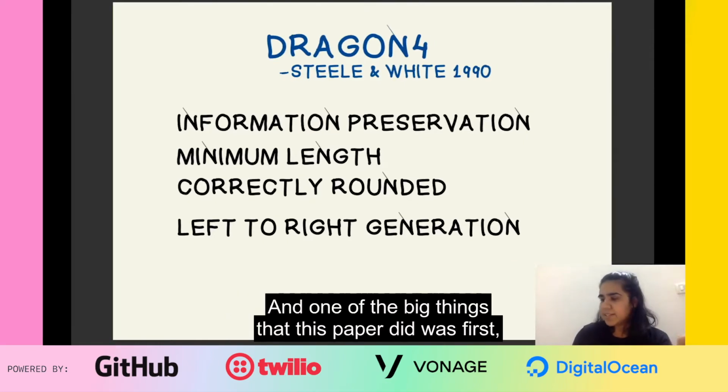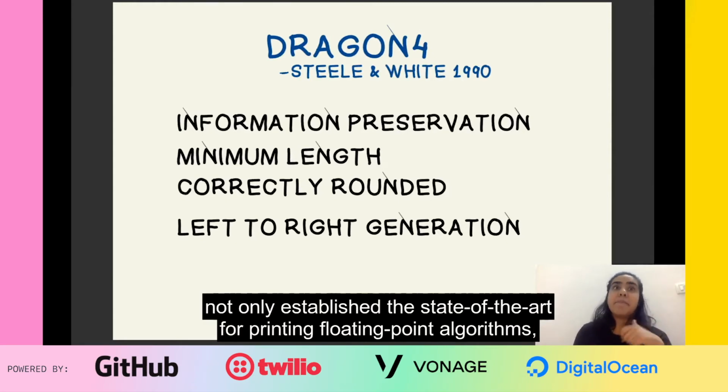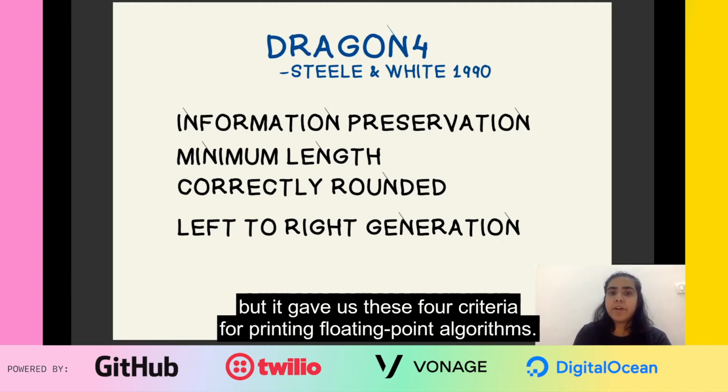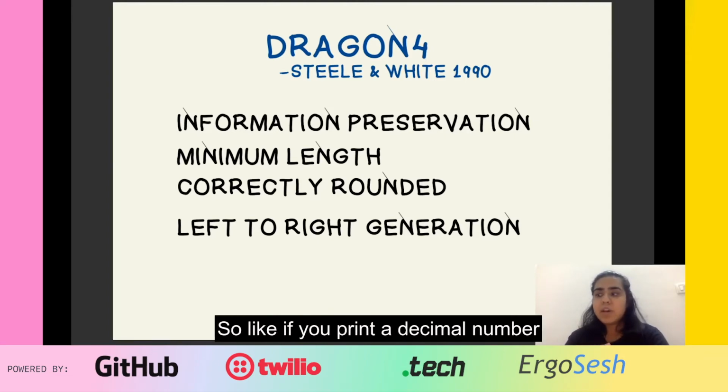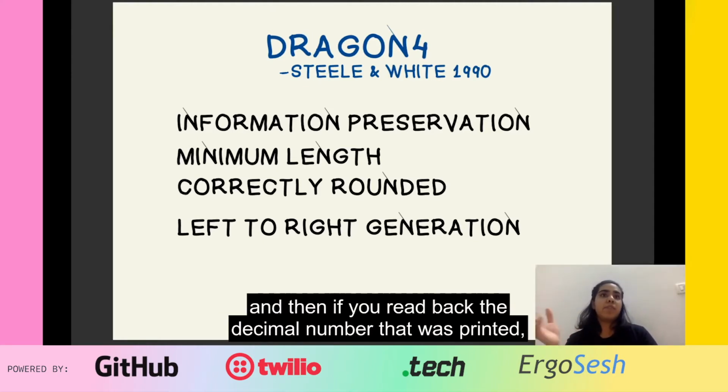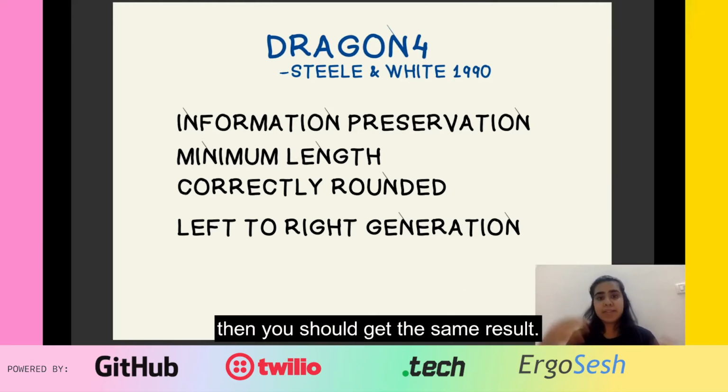One of the big things that this paper did was not only establish the state of the art for printing floating point numbers, but it also gave us four criteria for printing floating point algorithms. First, information preservation: if you print a decimal number and then read back the decimal number that was printed, you should get the same result.